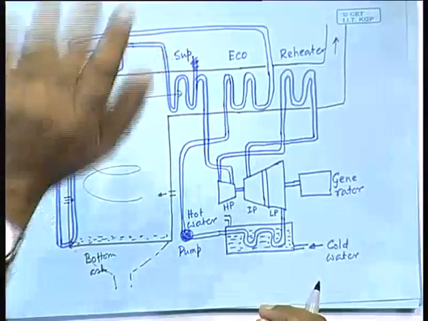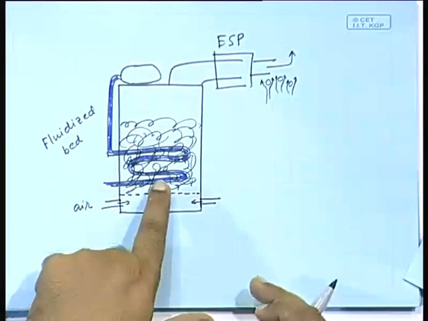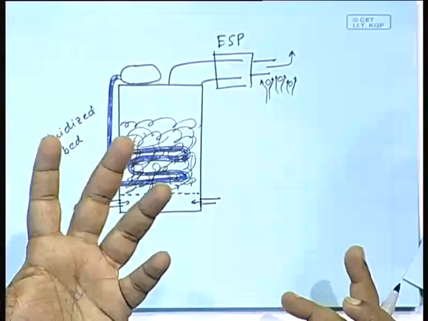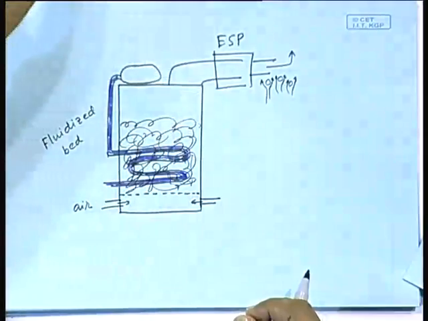So when it was here, you could arrest the production of NOx simply by having the temperature below that level, and you can do that by putting an adequate amount of steam into it. Okay, so NOx production is arrested. SOx production is arrested by putting an appropriate amount of lime.